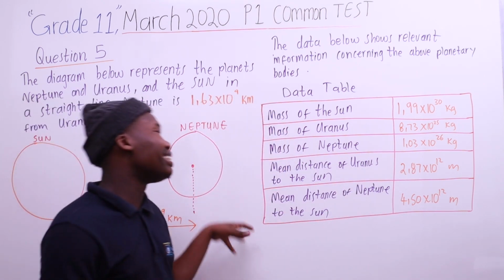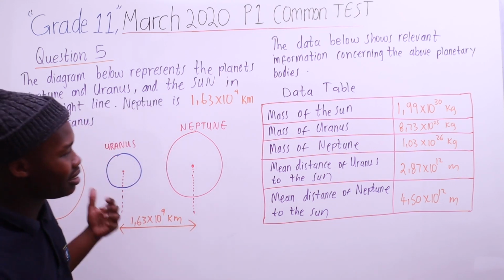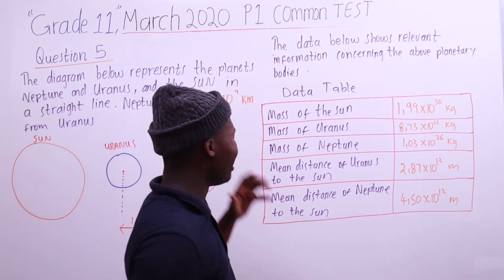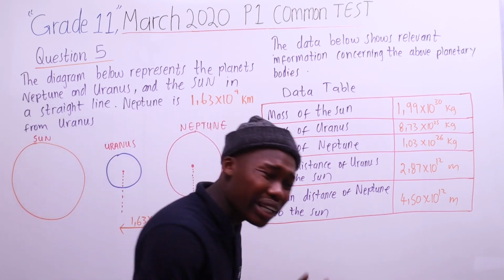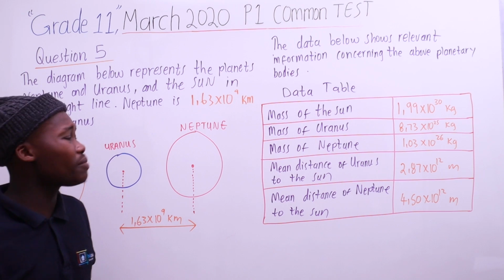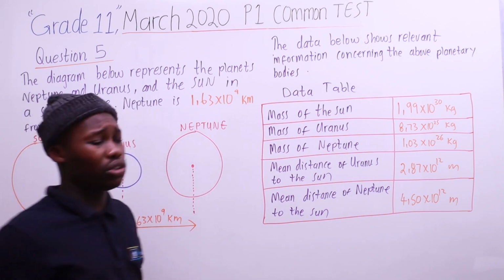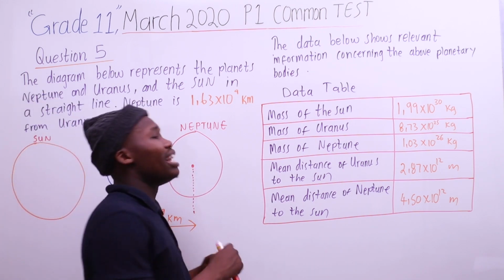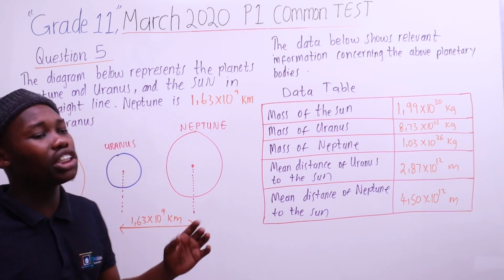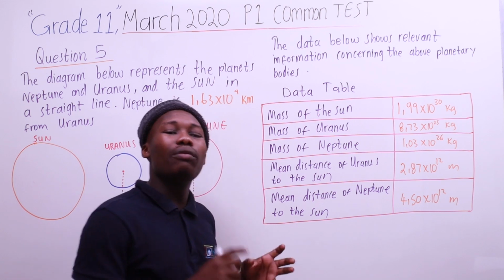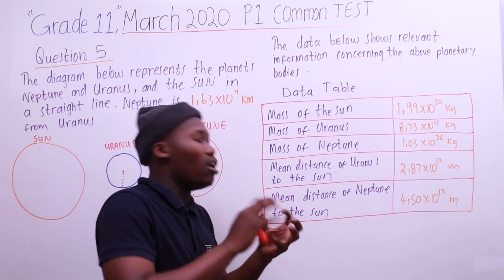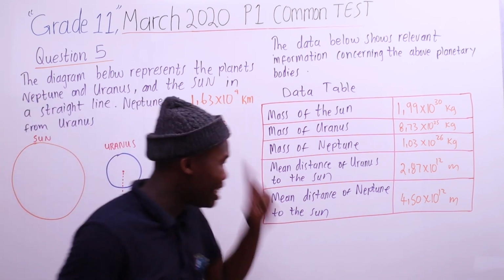And then the mean distance of Uranus to the Sun. Why is it the mean distance and not the actual distance? They cannot accurately measure the distance from Uranus to the Sun. So they do different calculations, giving them different answers, and then they get the mean of those answers to get one number.